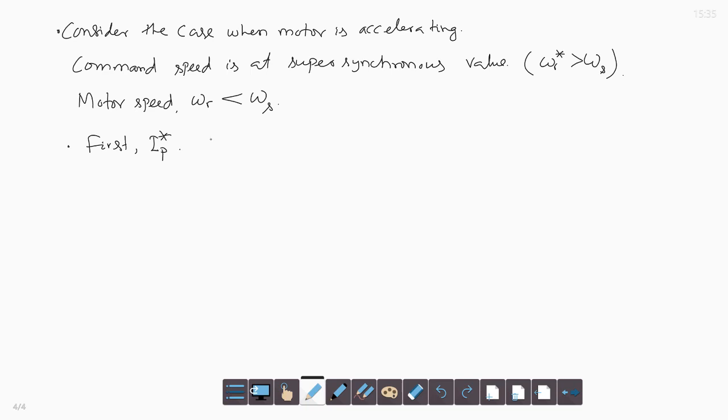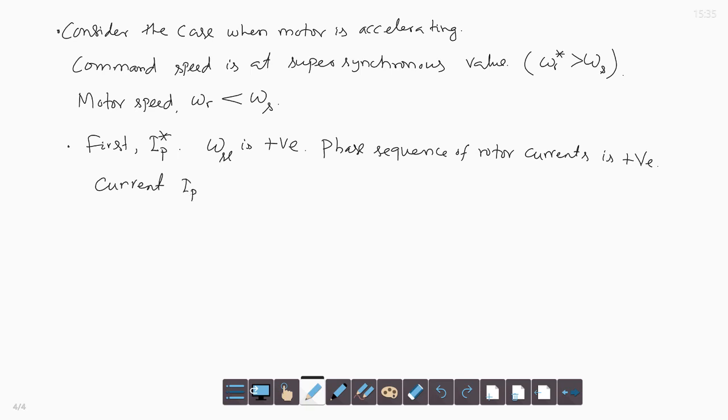So, omega SL, the slip speed, is also positive, and phase sequence of rotor current is positive, because IP is in phase with the rotor voltage VR, indicating slip power is positive. SPG is greater than 0.